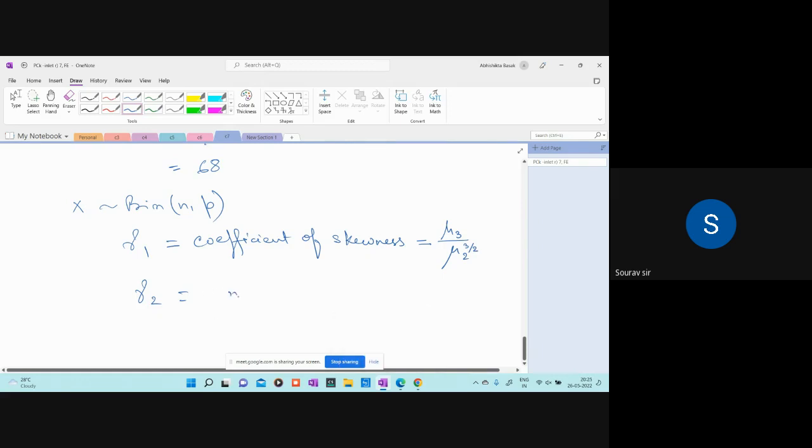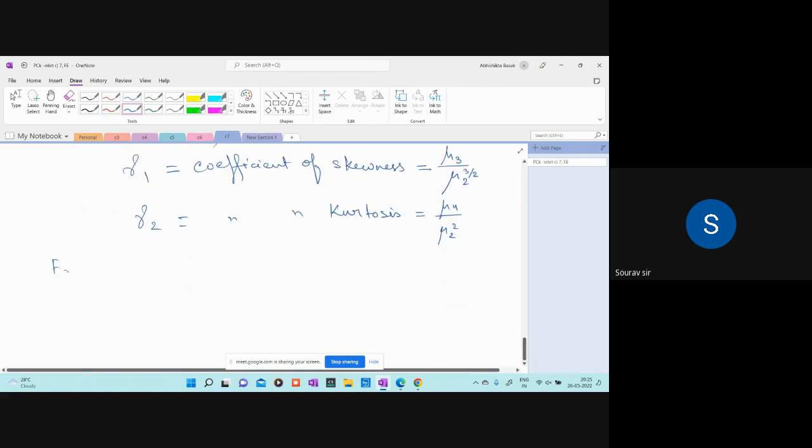This is the coefficient of kurtosis, and the formula is, what did you say? Mu 4 by mu 2 square. Am I right? So for the binomial (n, p) distribution, my gamma 1 takes the value (1 minus 2p) by square root of npq, and gamma 2 takes the value (1 minus 6pq) by npq.